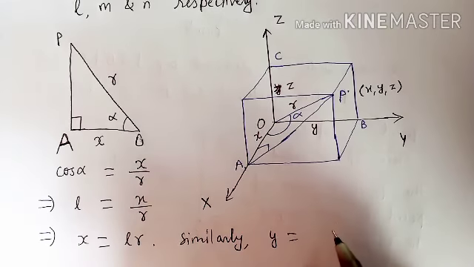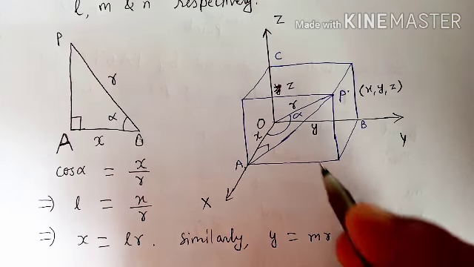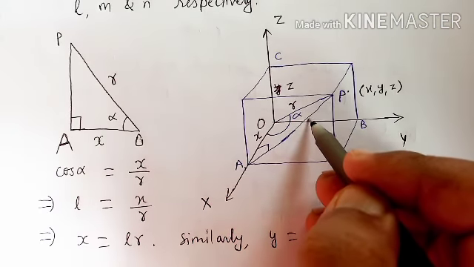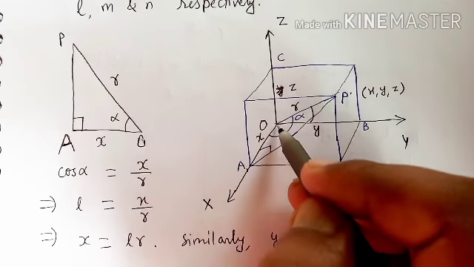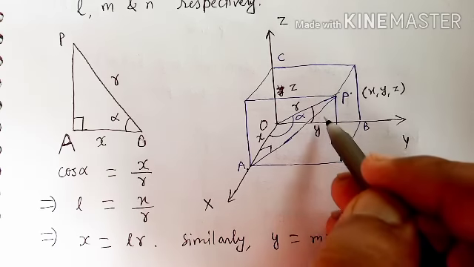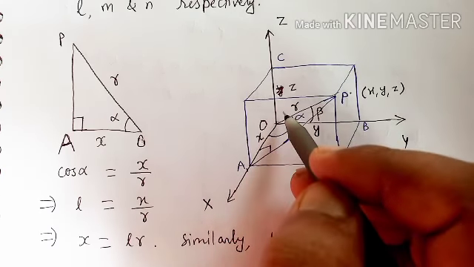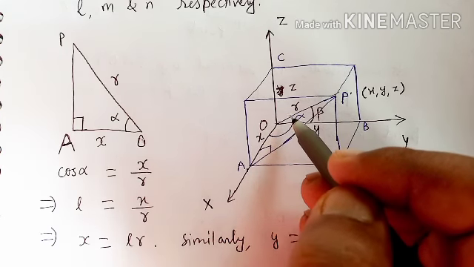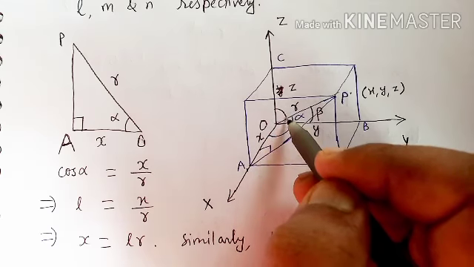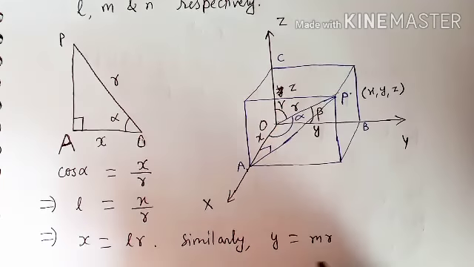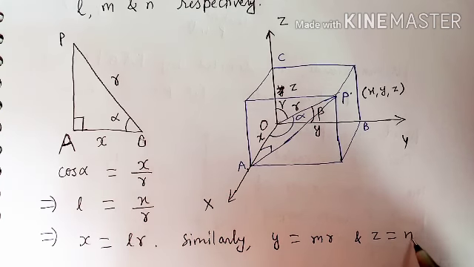The angle made by OP with y axis is beta. Angle made by OP with z axis is gamma. So y is equal to MR and z is equal to NR.